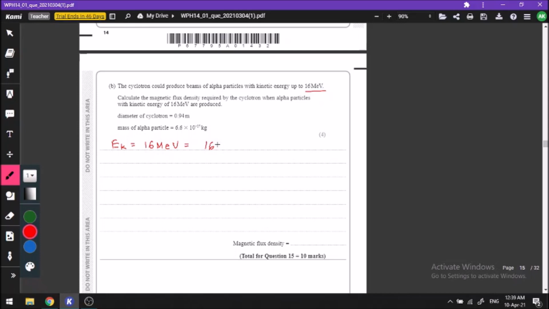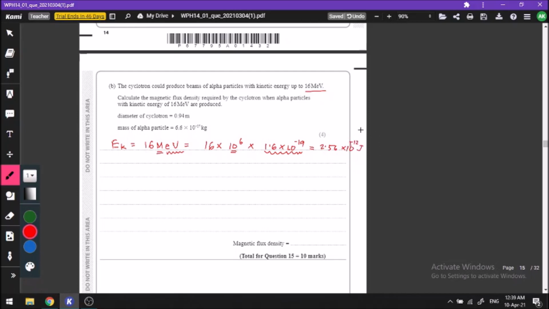Mega means 10 to the power 6. So this mega has been converted to 10 to the power 6. Now electron volt means 1.6 into 10 to the power minus 19. So the kinetic energy is 2.56 into 10 to the power minus 12 joule.